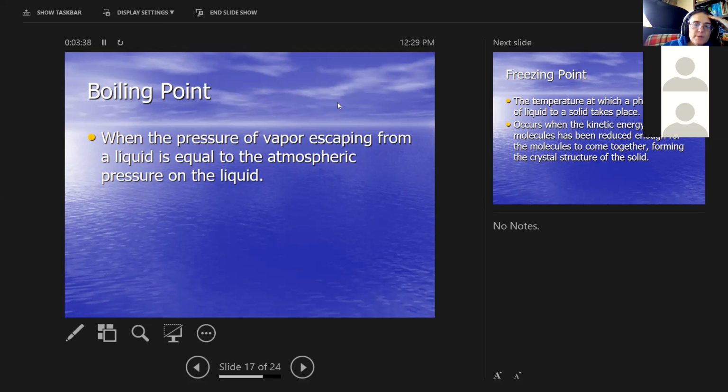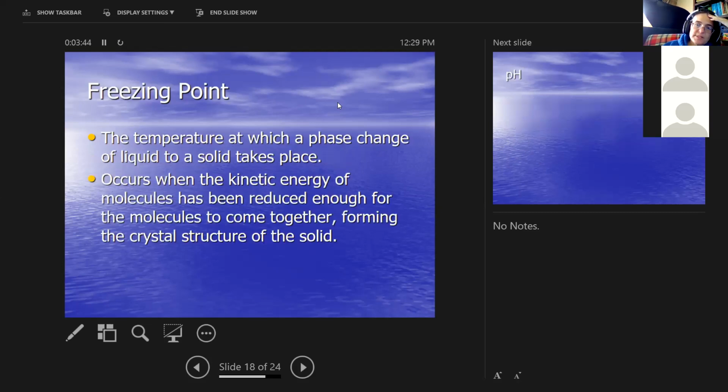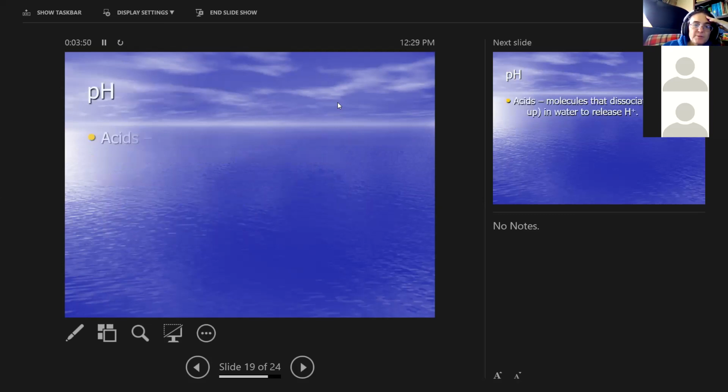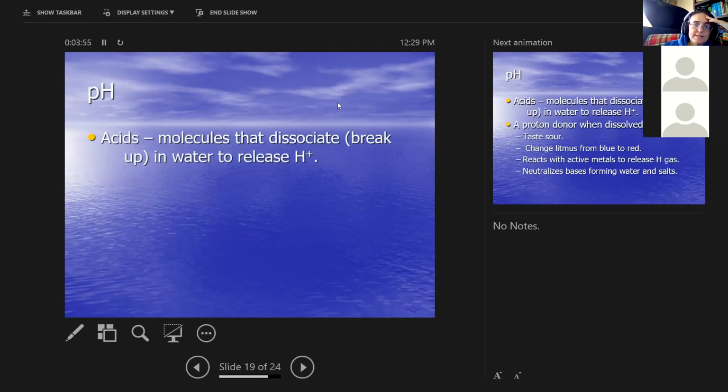The boiling point of a substance is when the pressure of vapor escaping the liquid is equal to the atmospheric pressure on the liquid. Freezing point is where the phase change occurs. That was last test; we talked about that a bit. pH. I'm supposed to have a little bit of acids and bases on this test, so here's probably about all that we'll mention.